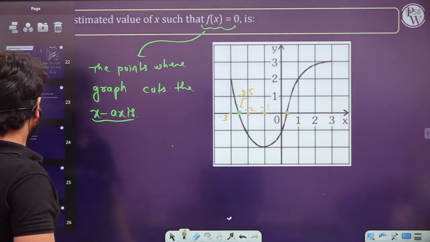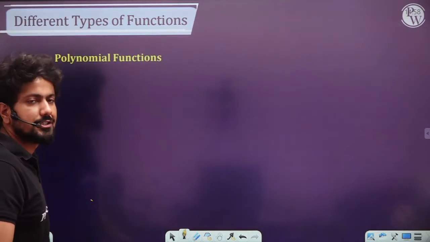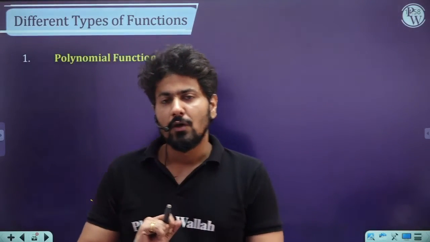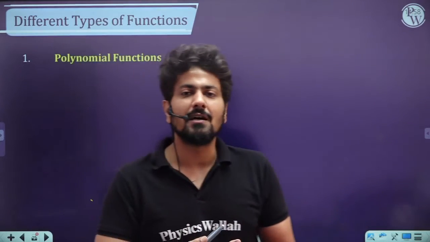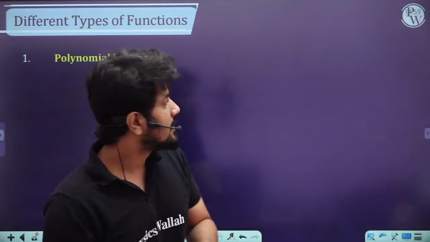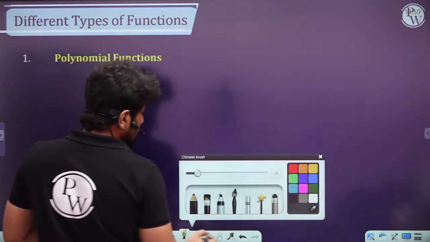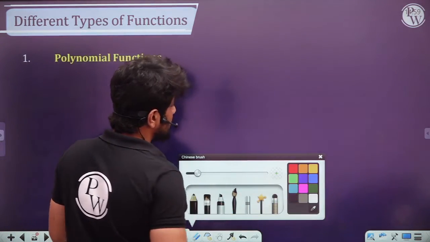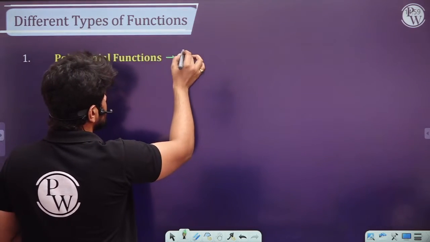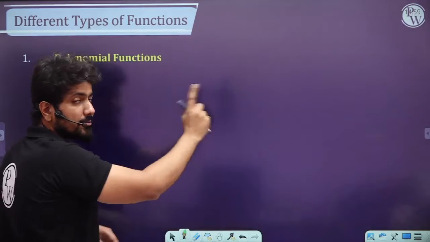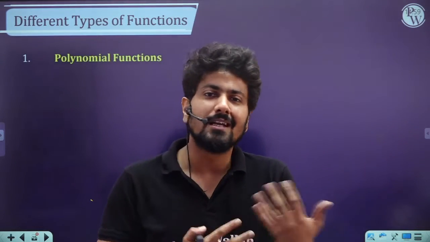Let me take you to the types of functions, different types of functions. Let's understand about that. First of all, we'll be learning about polynomial functions. What are polynomial functions? Polynomial functions you have already seen in your childhood. For an example, quadratic polynomial, linear polynomial, these are basically polynomial functions.